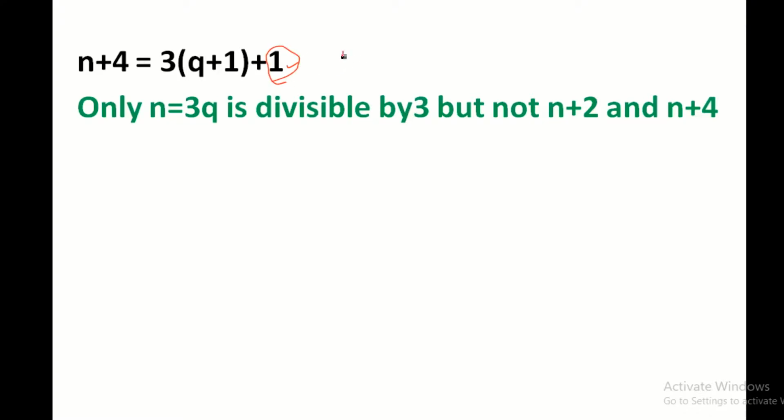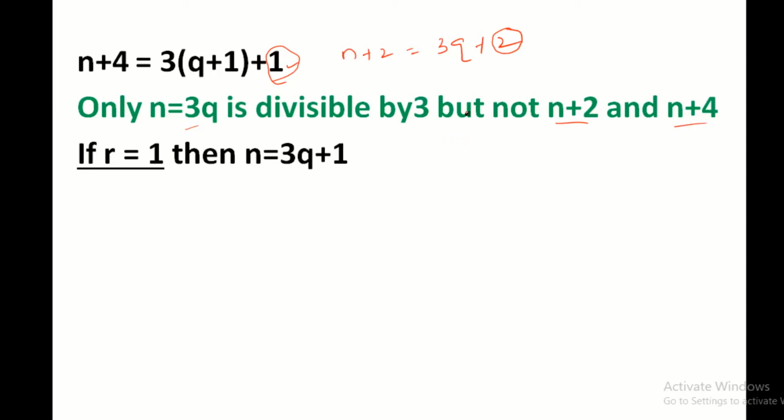In the previous case, n plus 2 is equal to 3q plus 2. There we have a remainder 2. So the only number that is divisible by 3 here is n is equal to 3q. So in the remaining two cases, that is n plus 2 and n plus 4, are not divisible by 3.